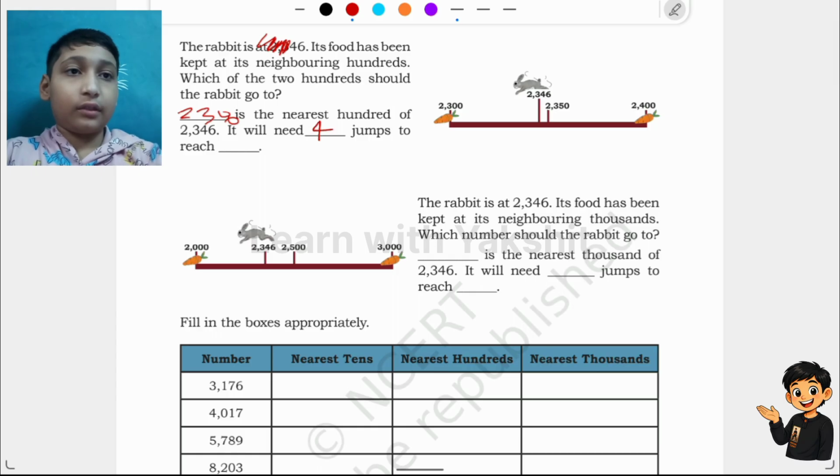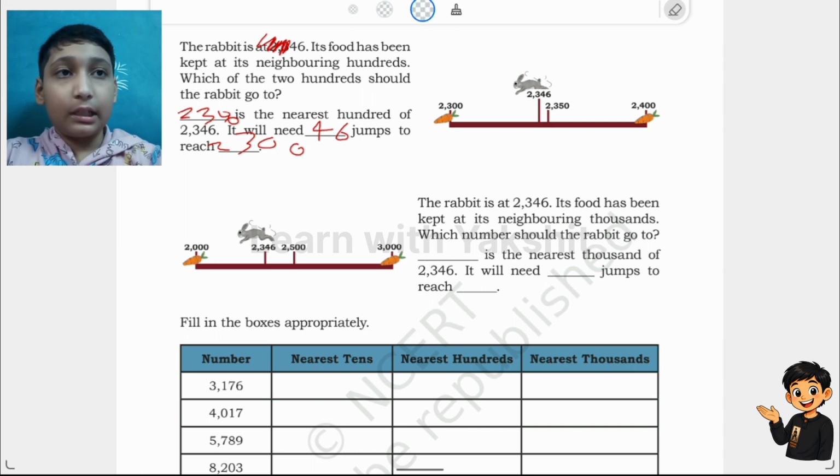So it's 46 jumps to reach that number. 2, 3, 0, and then 0. We did that correctly. Now we are on the next one.